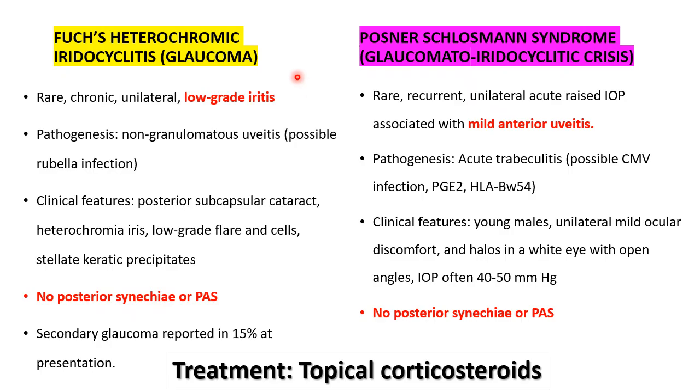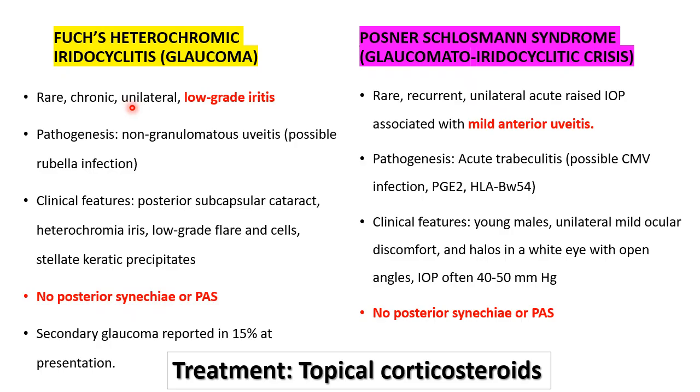Now, two causes of uveitic glaucoma that you need to know about, and you may get them as a short note or maybe asked in viva. So one is Fuchs heterochromic iridocyclitis. This is a rare, chronic, unilateral, low-grade iritis, wherein non-granulomatous uveitis is seen. Now, remember all of these points. It is speculated that rubella may be responsible.